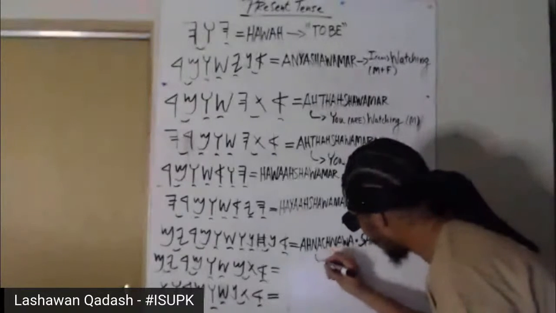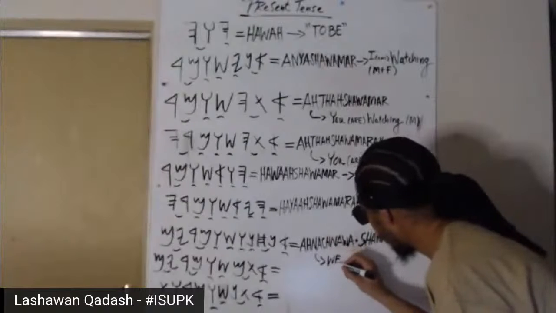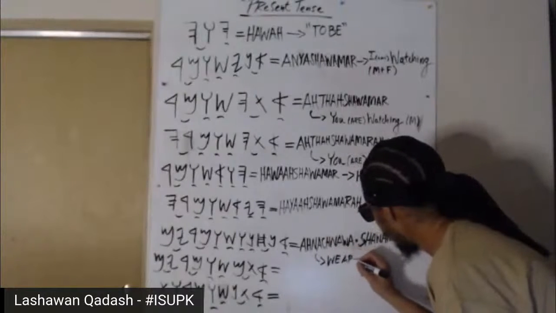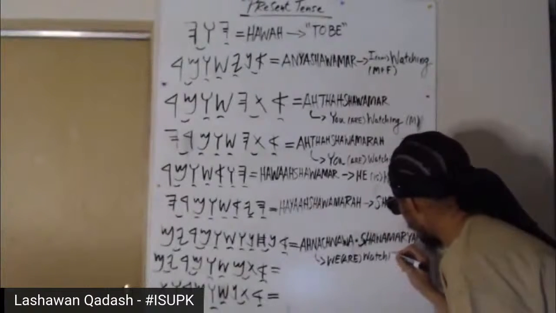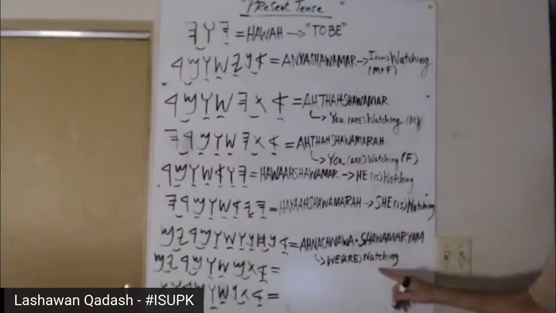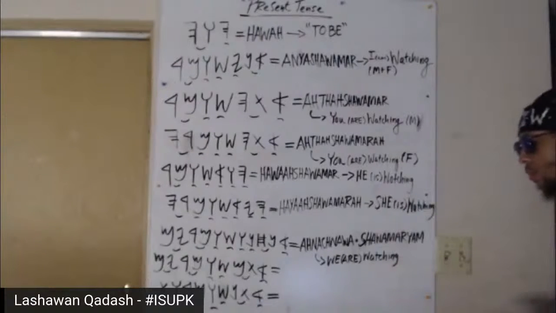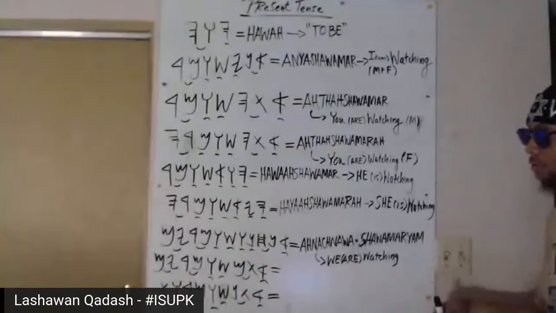Because Anak Nawa means we. We are watching, or we watching. All right, we are watching, or we watching. Okay, I put the R in there just to make it sound more formal.